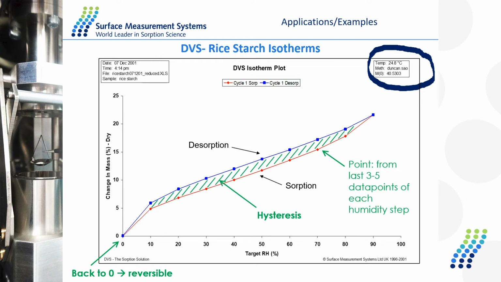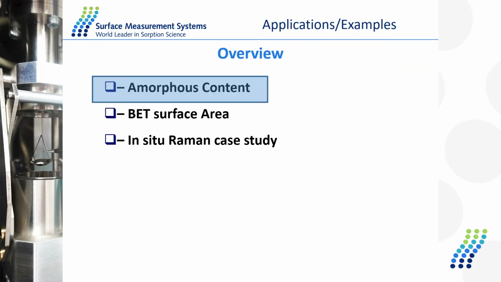What I would expect in this type of experiment is that if I increase the temperature, let's say to 30, 35 degrees C, which we can do in our system, this gap of hysteresis right here would progressively close, because we are providing more energy to the system, consequently reducing the energy requirement for the desorption stage. Okay, so this gives you a brief introduction of our technique and the type of information that we get.